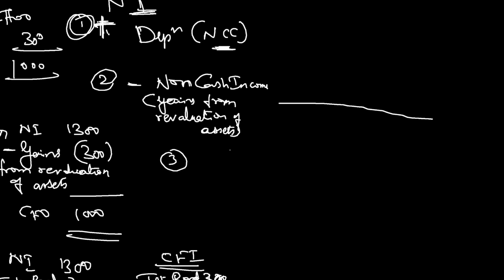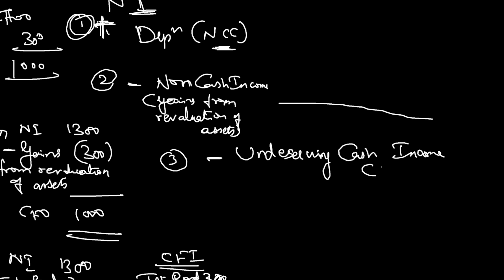So what I should do is minus undeserving cash income. What is that undeserving cash income? Example, rent received. Sorry, not rent, interest received in this case.